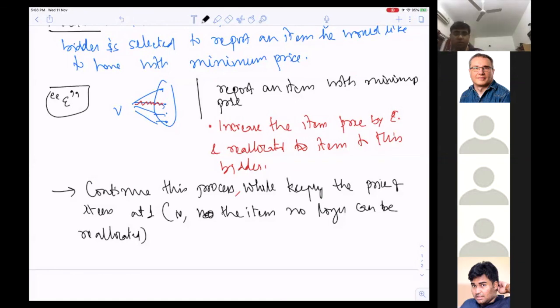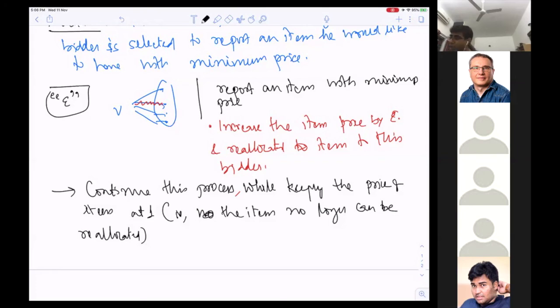I keep going with this process. But the moment someone reaches 1, that item is allocated to that particular bidder. At that point the bidder has used up his $1 completely, so he cannot buy any other item.